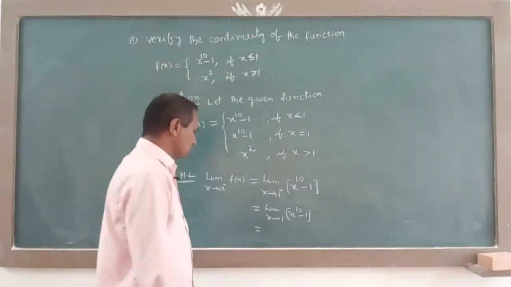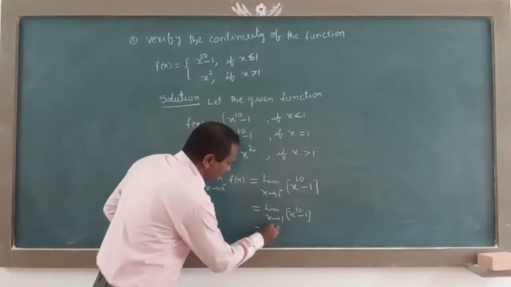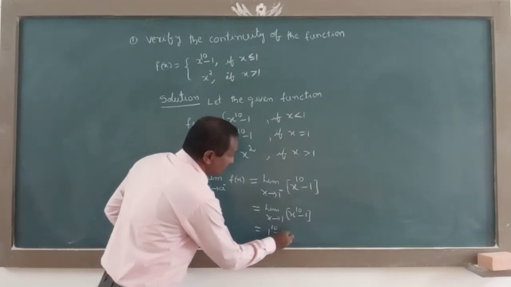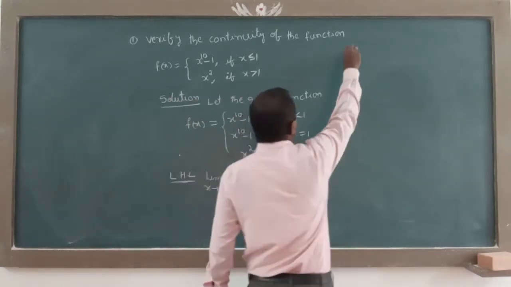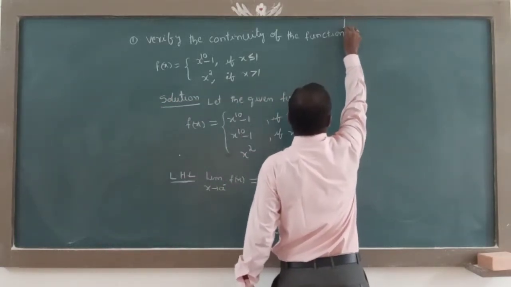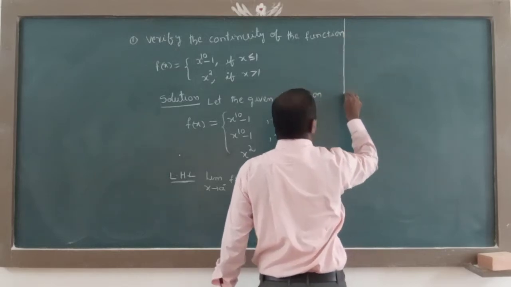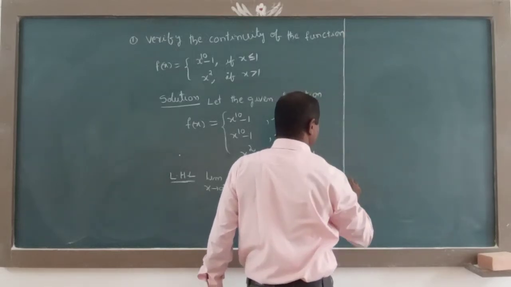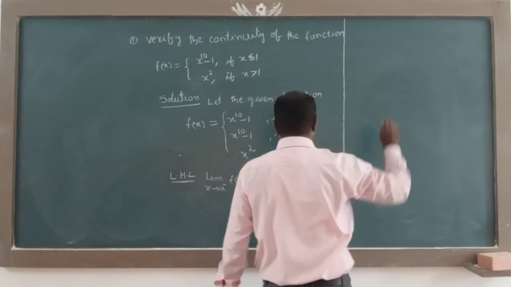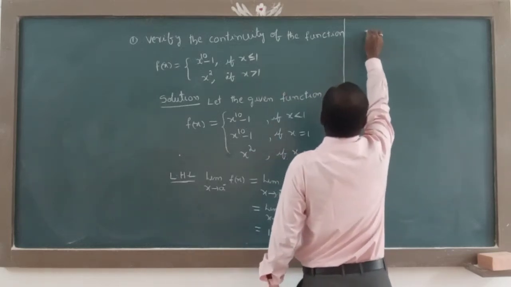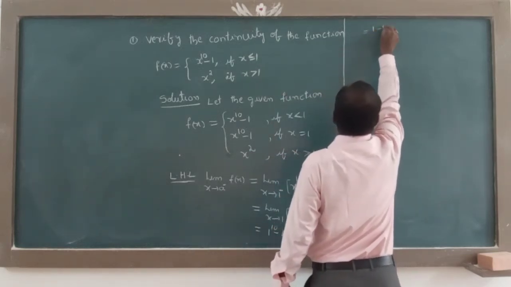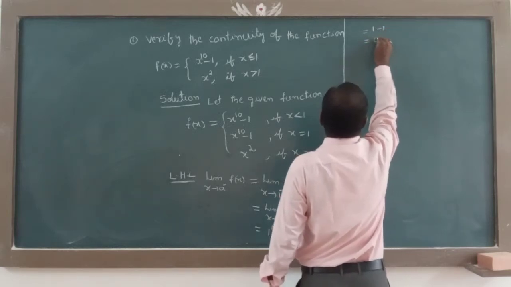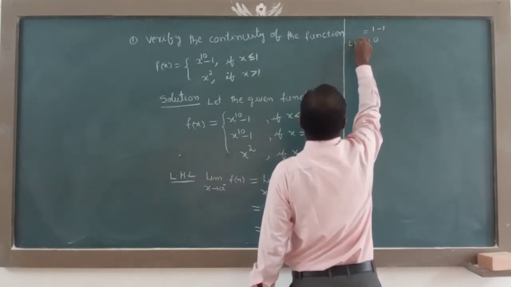That gives 1 power 10 minus 1, and 1 power 10 is 1 only, so 1 minus 1 is equal to 0. LHL value we got is 0 here.